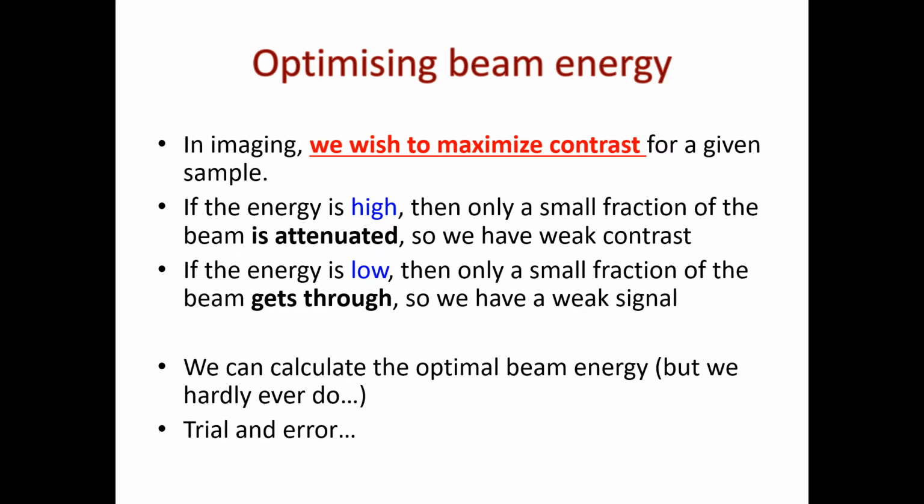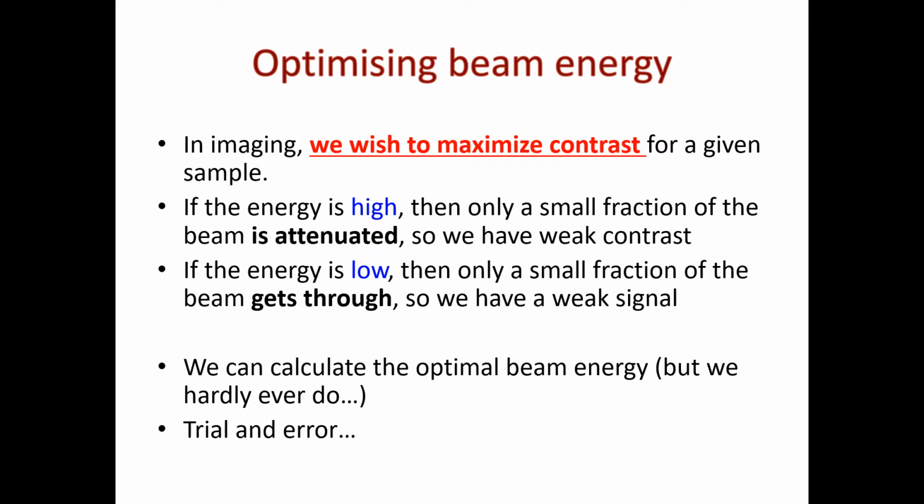Okay? On the other end, if you have too low of an energy, which would have the time to inspect the different contrast, you're not going to get enough of it through the material. So your statistics on the other end that you're collecting are not going to be good. Then you're going to have a signal that is relatively weak and very susceptible to noise. So you play in between the two.